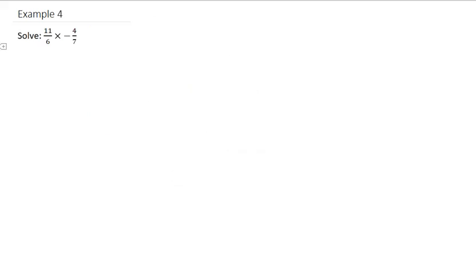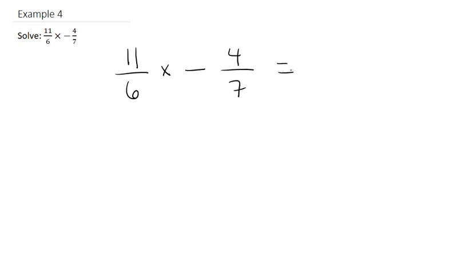Example 4. We have 11/6 times -4/7. Now when we multiply a positive number by a negative number, that means our solution is going to be negative. Then we're going to look for a trick before we even do this.